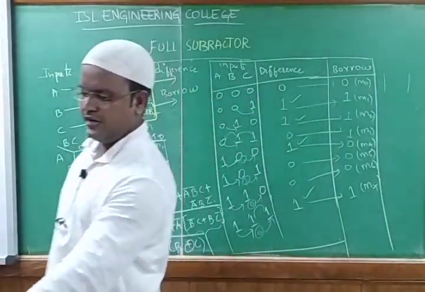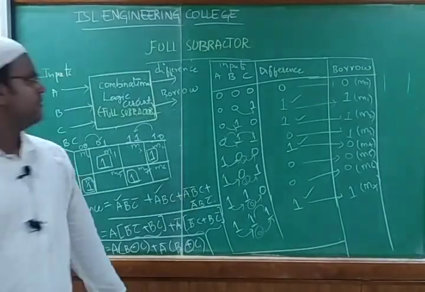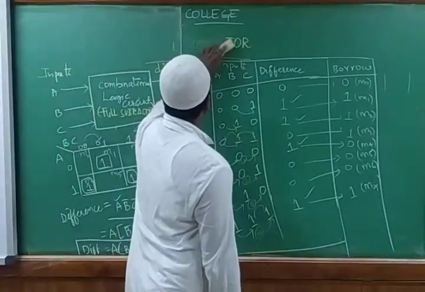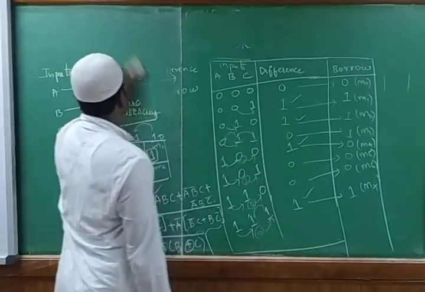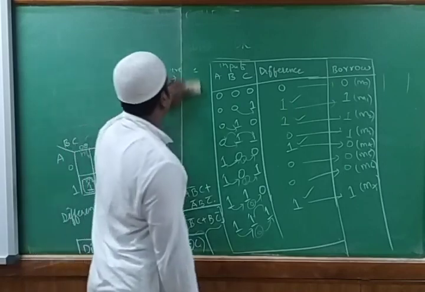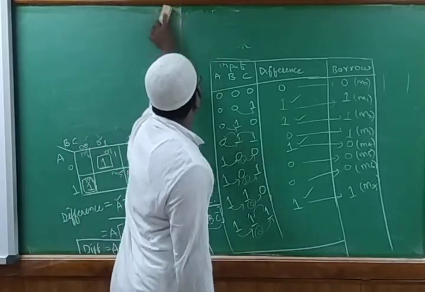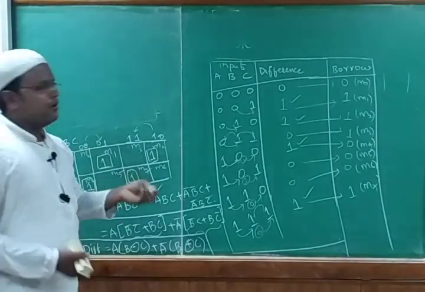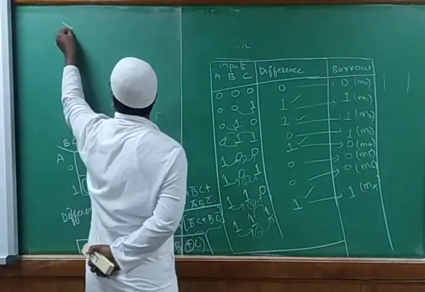Next thing, what we need to find? We need to find the borrow. So now let's see the borrow. How do we find the borrow? Next, we are again taking the same 3 variable Kmap.